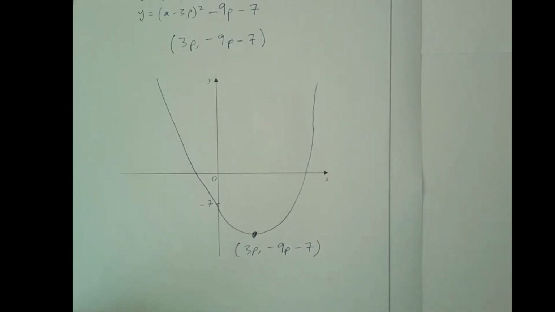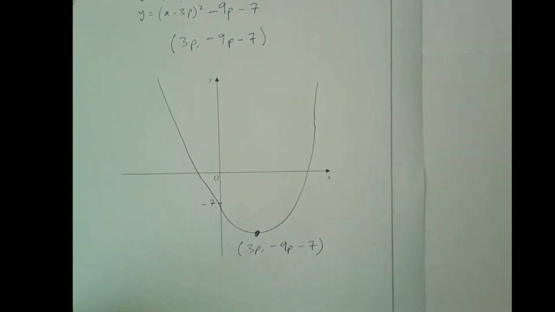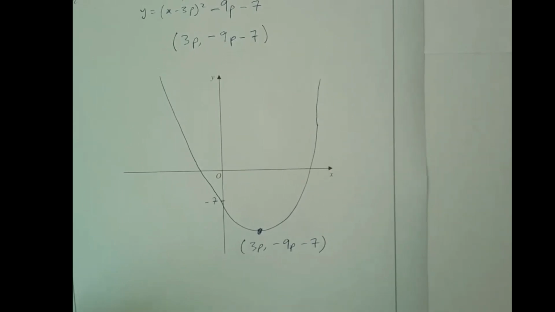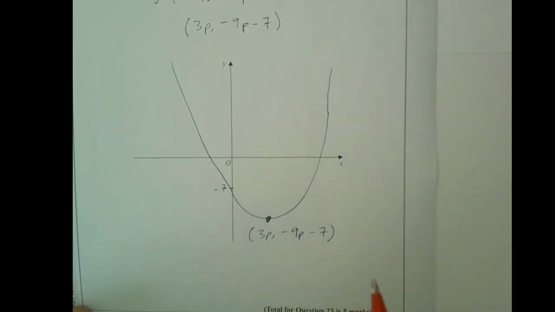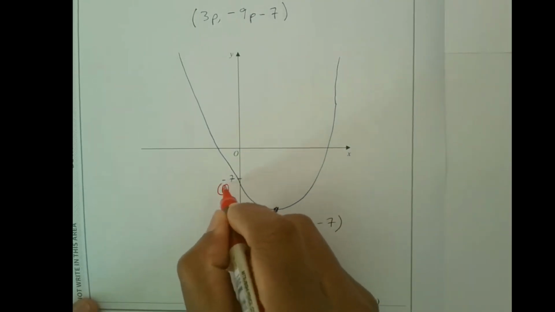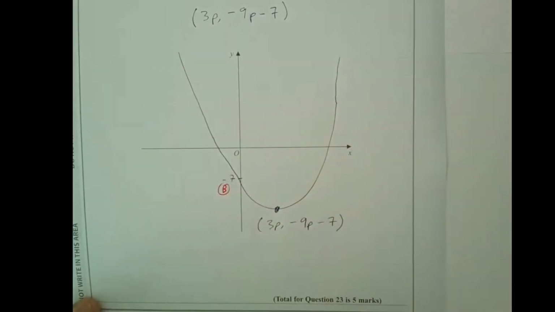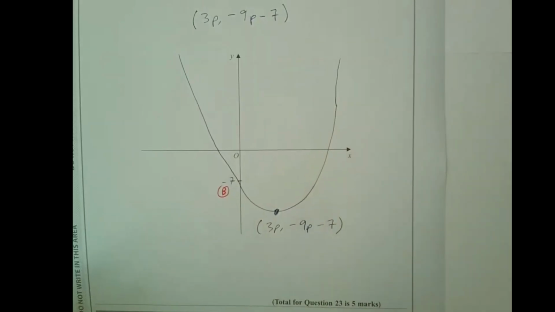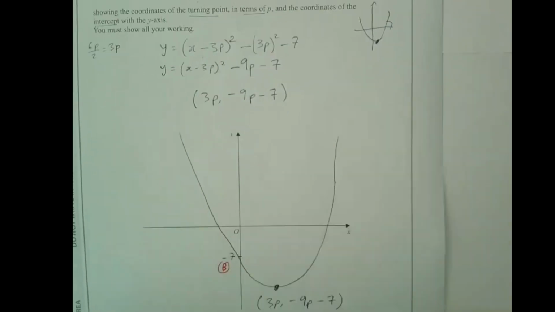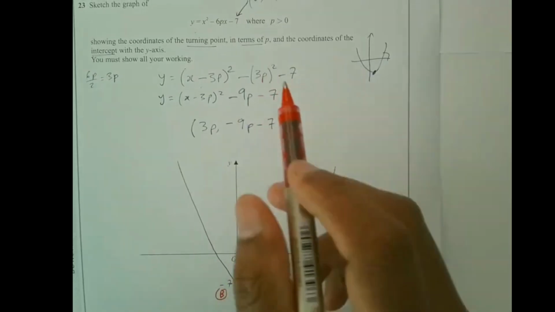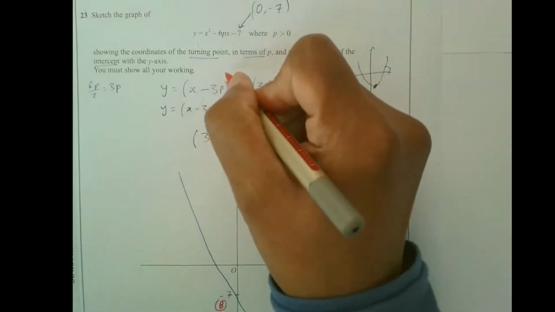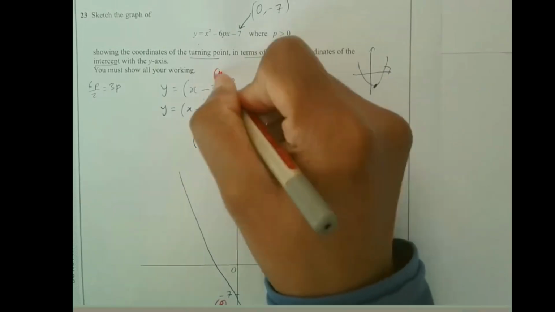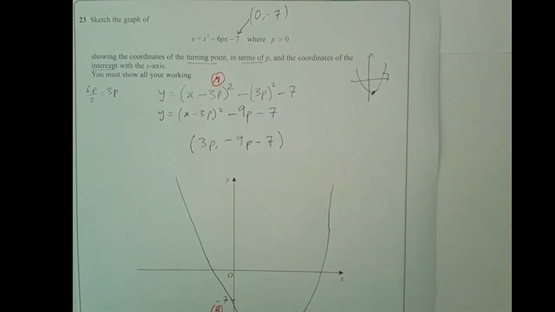So where are the 5 marks for this question? From what I can see, the first mark is for putting in minus 7 and having a quadratic. The second mark is for halving the coefficient of x, just following step 1 of the procedure.